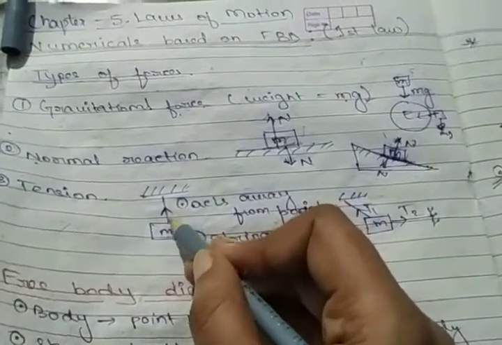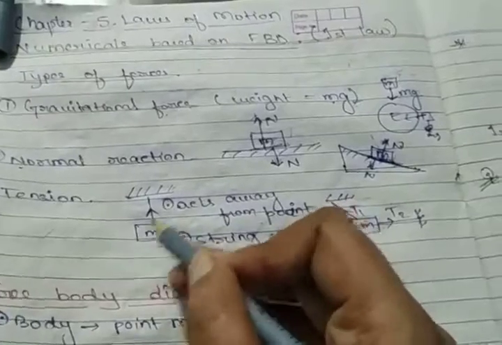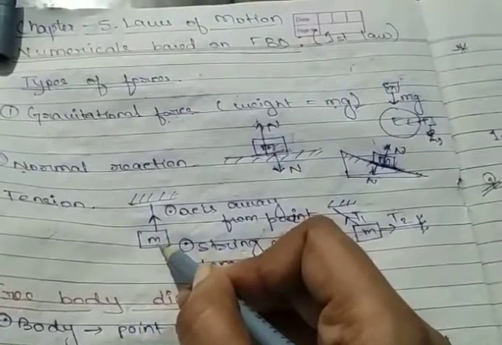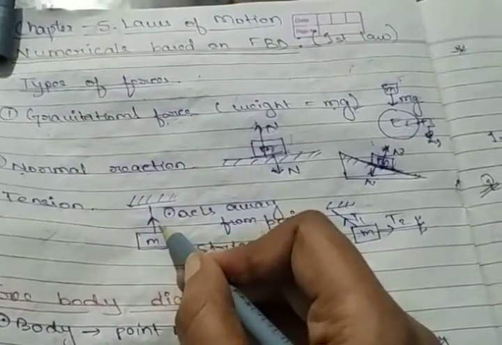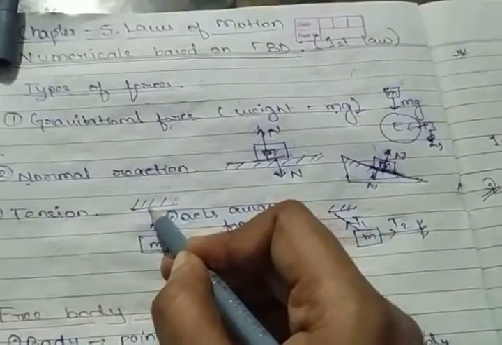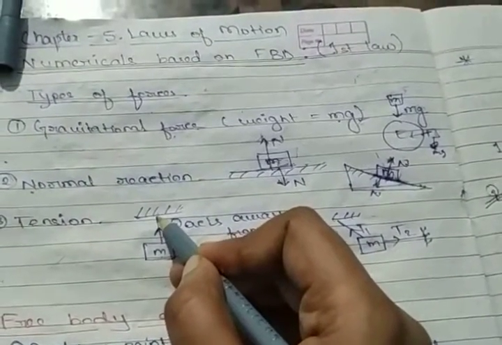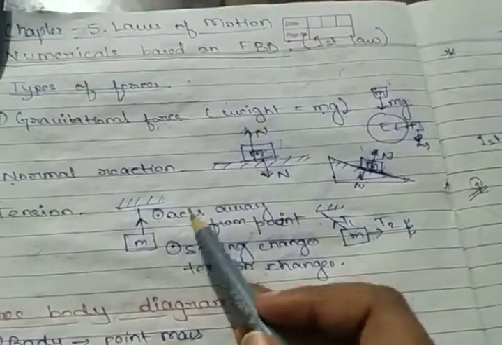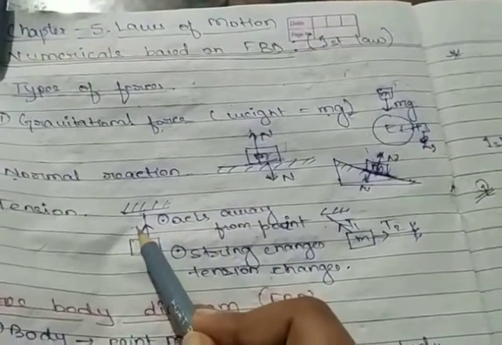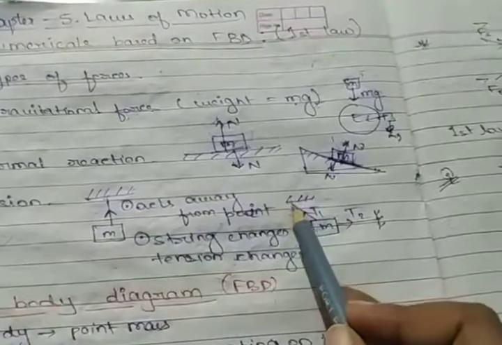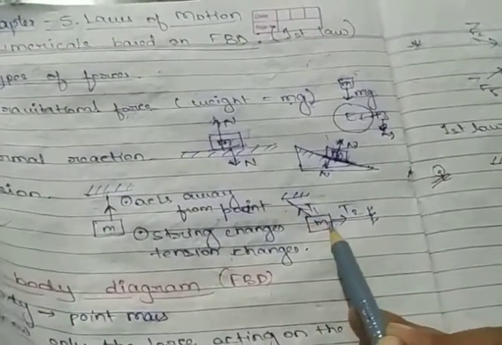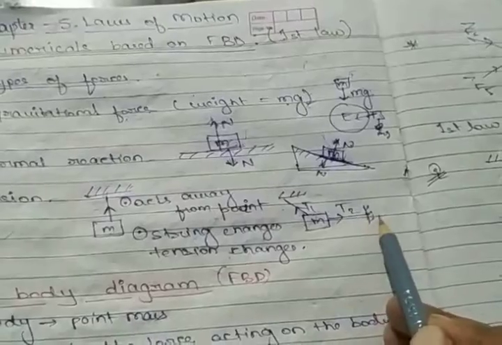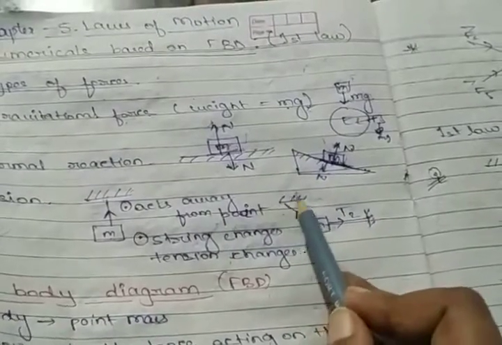Now this tension force always acts away from the point. If this is the mass, then it will always act away from the body. Similarly, if this is the wire and I want to find the tension over here, it will act away from the wire. Now suppose there are different strings: this is one string, this is the mass, and this is the other string, attached here and here.